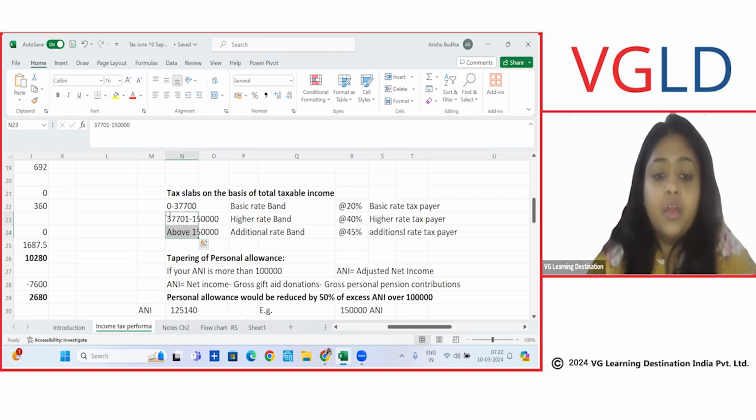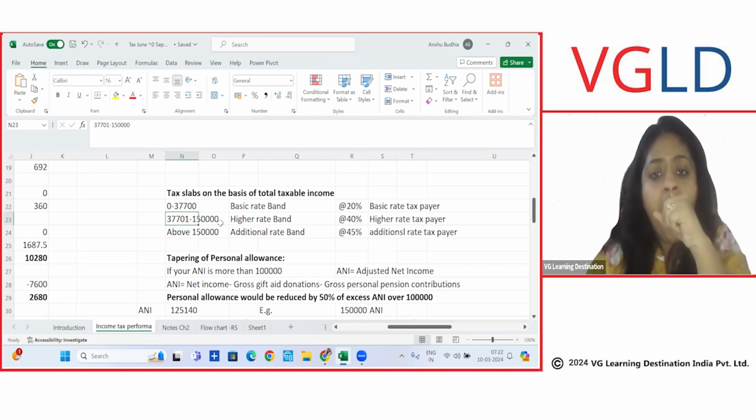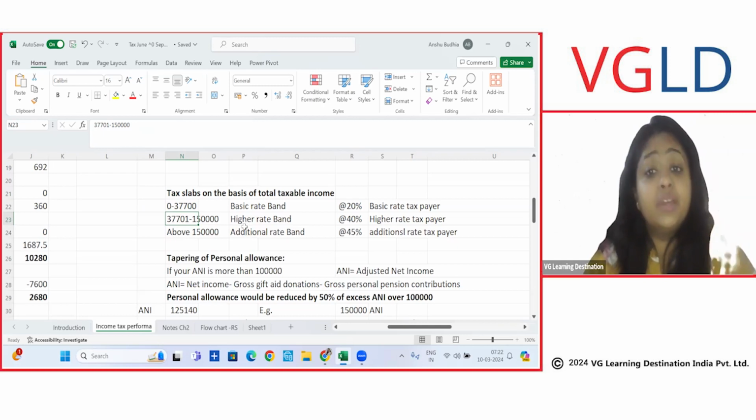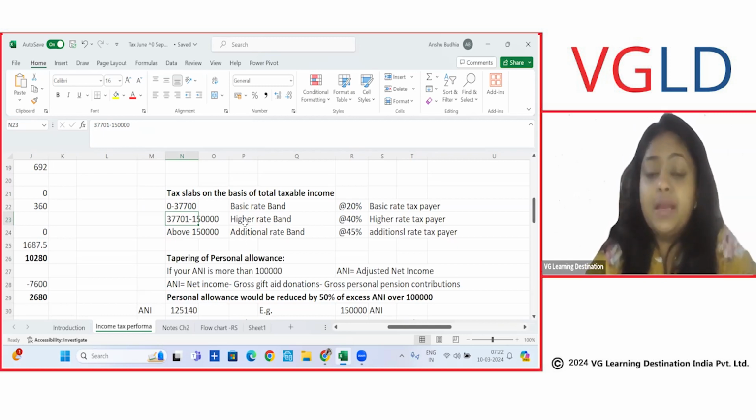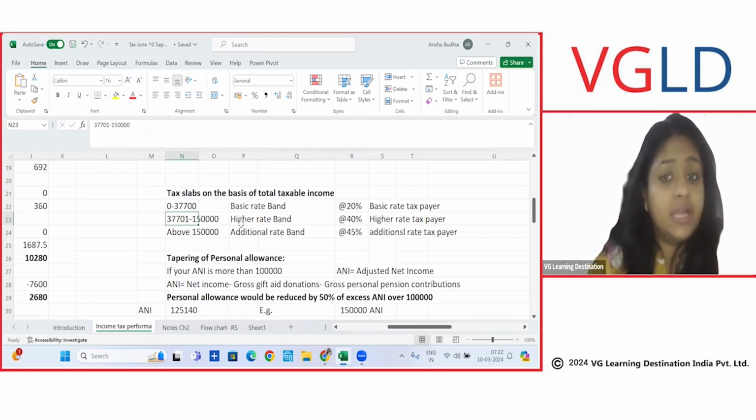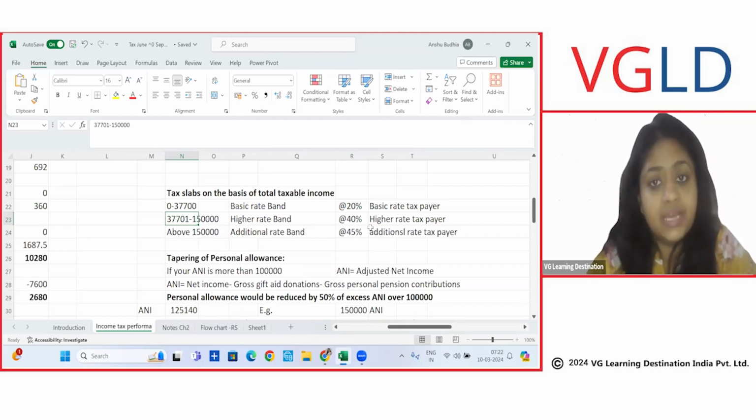Now going further, the next rate band is from 37,701 till 150,000. This is known as the higher rate band. And if this is the maximum rate applicable to the taxpayer, we call him a higher rate taxpayer. And the maximum rate would be 40% then. However, if the taxable income goes beyond 150,000, this is known as the additional rate band, and the maximum tax rate applicable would be 45%.